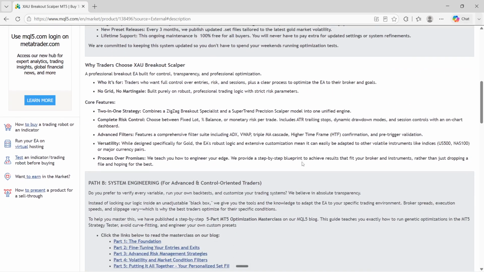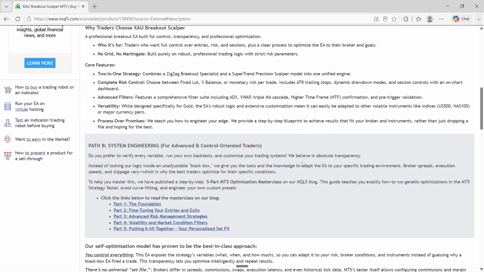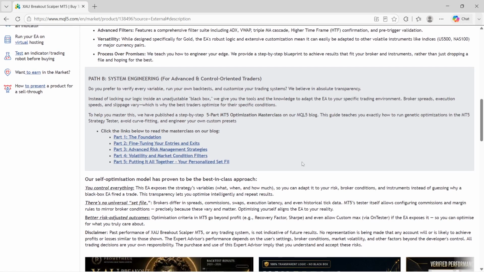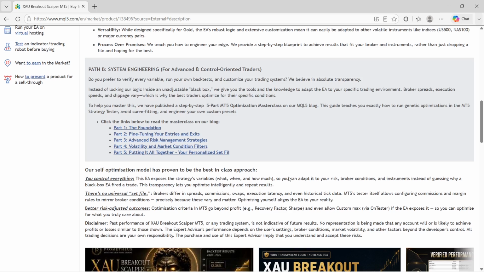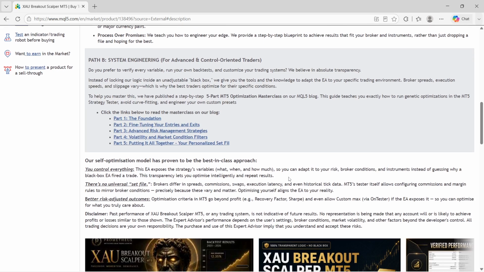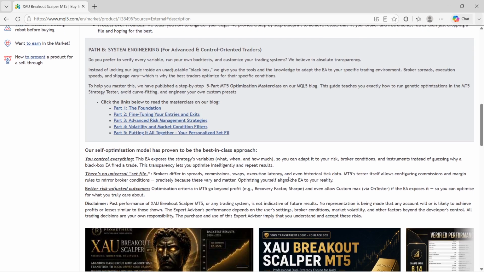As for the features marketed by the developer, it's basically what we've been saying. The key features include the dual strategy engine, ZigZag plus SuperTrend, complete risk control options, advanced filter suites, on-chart dashboard, quarterly free preset updates, and a detailed optimization masterclass for users who want to engineer their own settings.